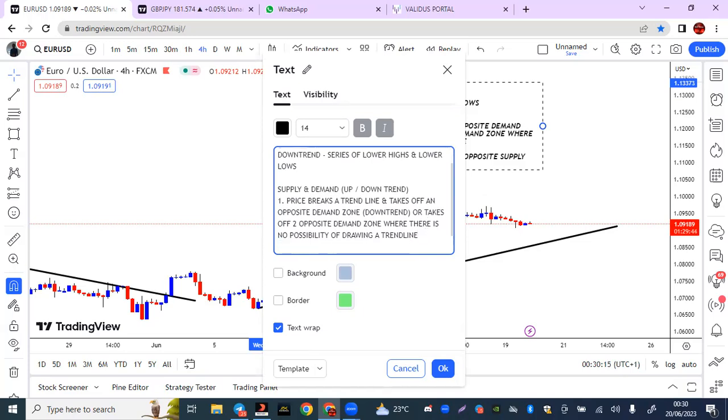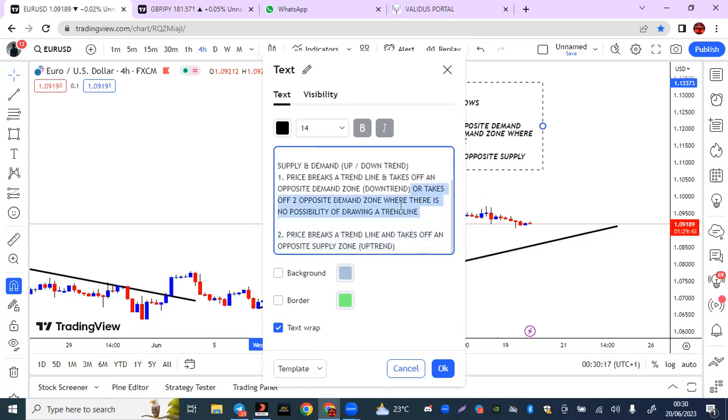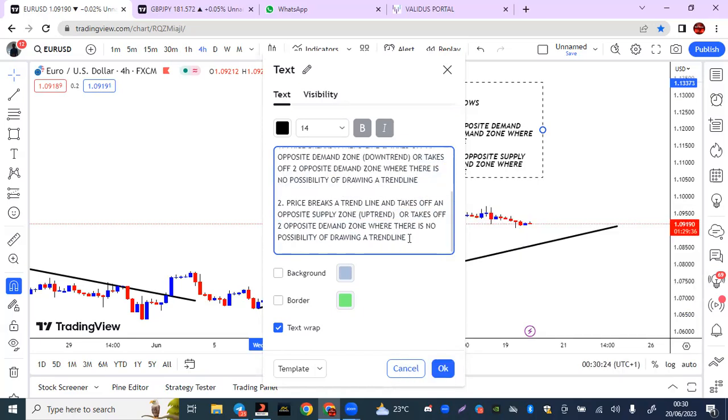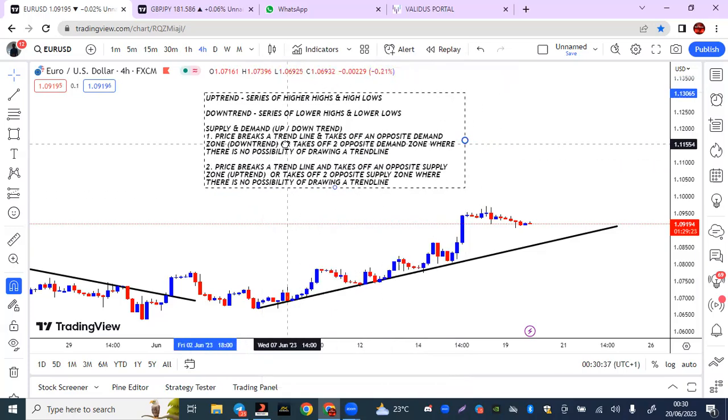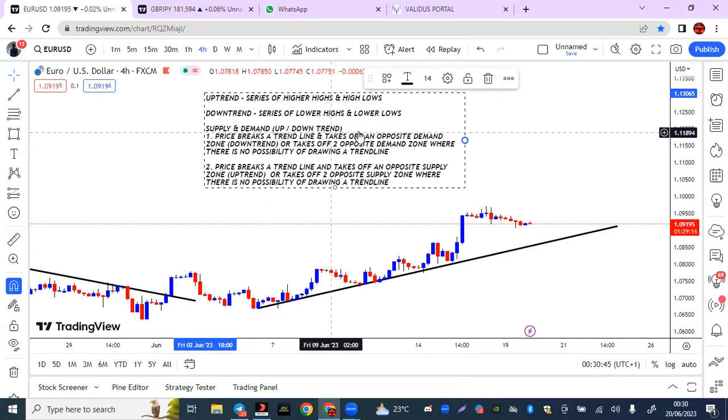The same applies to the other one: price takes off two opposite supply zones. So when you're not able to draw a trend line, once you see price take off one or two opposite zones, you know that the trend is now going in the reverse direction from what it was.